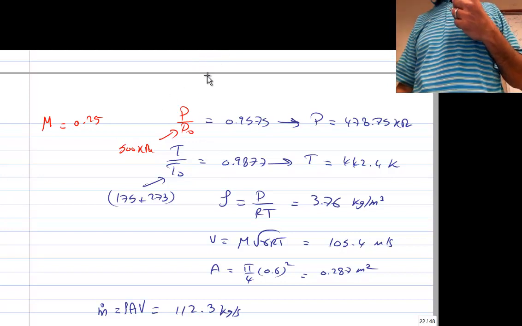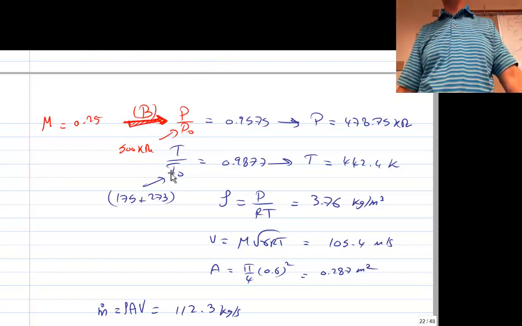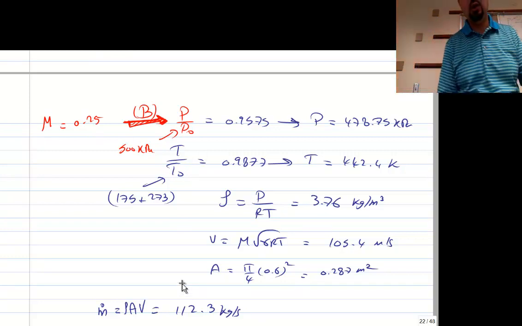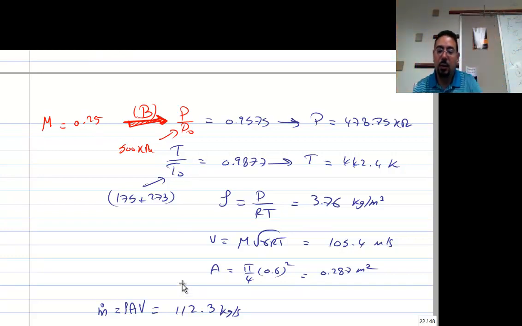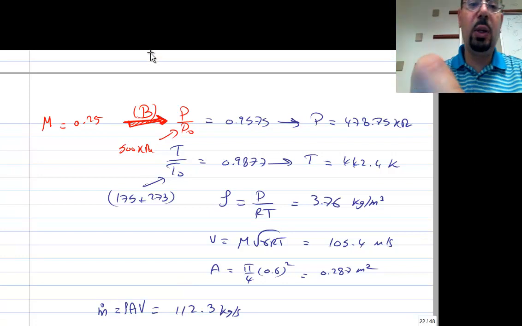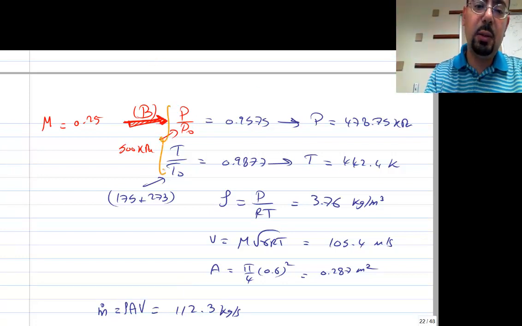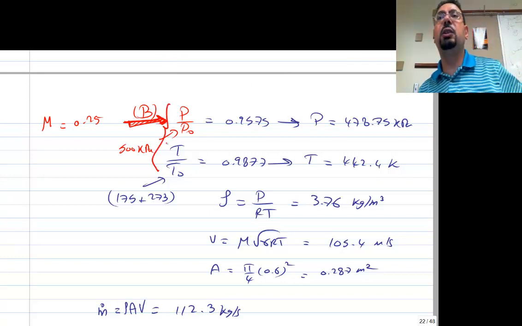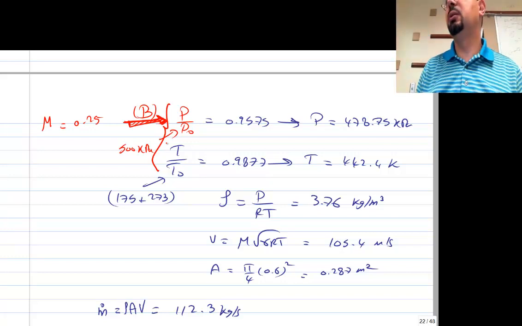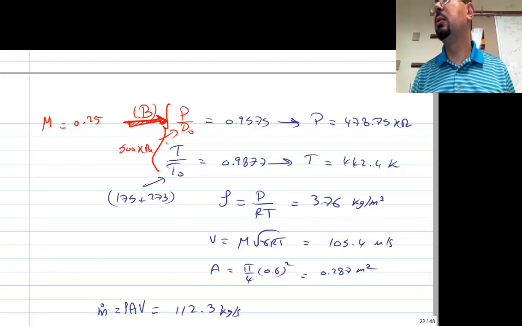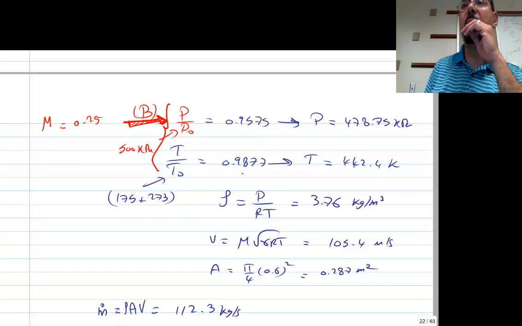But what I'm trying to say is that to make your solution readable, you need to show us which equation you used. Very good. Consequently, not only do you get P over P naught, but you can also get T over T naught from the same appendix at the same Mach number.